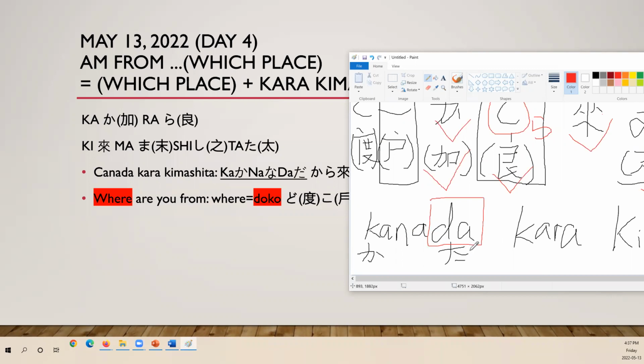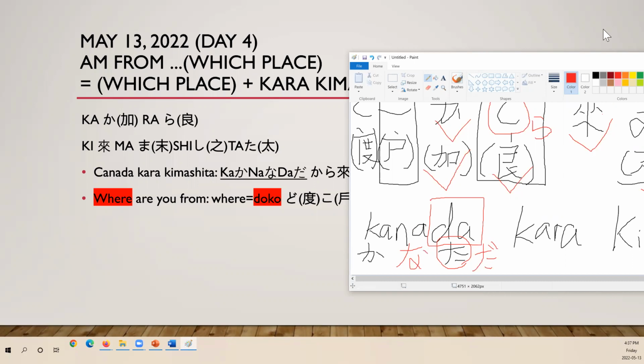So it's kind of like this, like ta, but actually not really. On top of this, you add two dots, which is the stress of the D sound. So Canada, na is this, and this, and this.